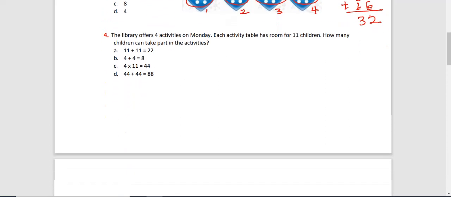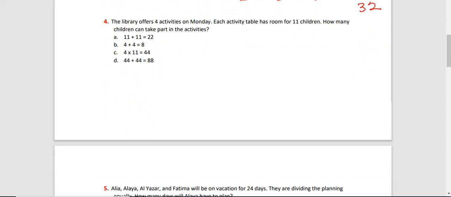Question number 4. The library offers 4 activities on Monday. Each activity table has room for 11 children.